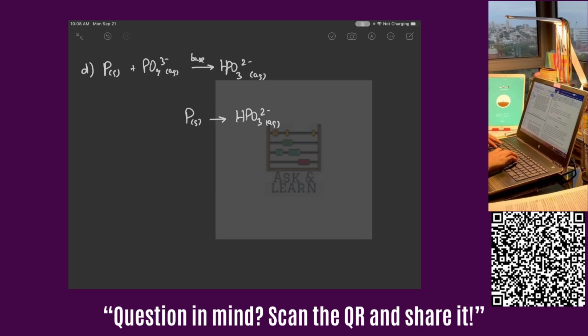Phosphorus balanced on each side, 3 oxygens on the right, so 3H2O on the left, 6 hydrogen on the left, so 5 hydrogen on the right. This would be 3 electrons on the right to balance the charge.